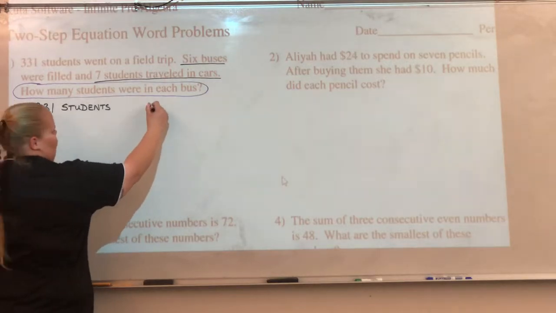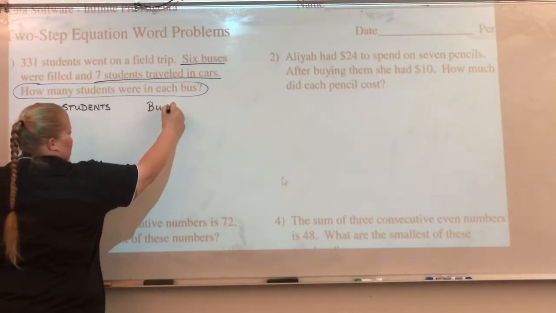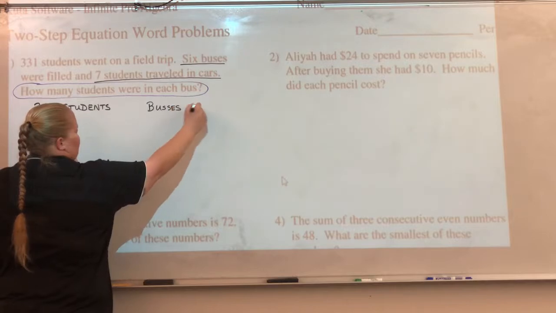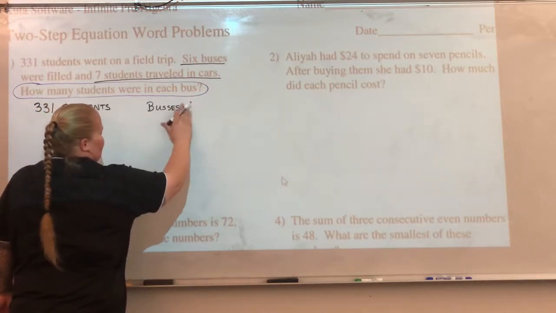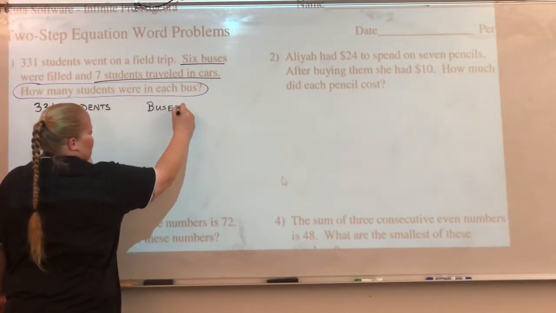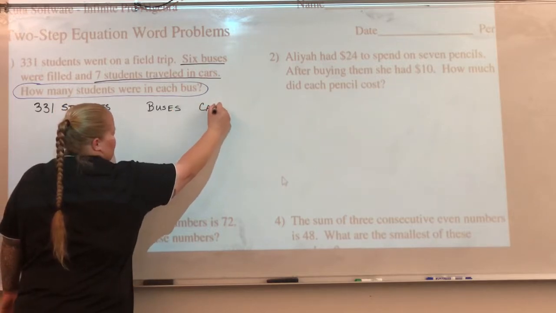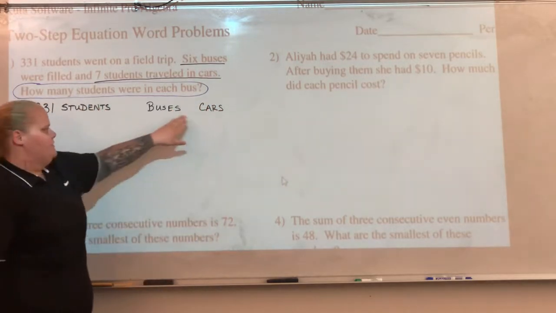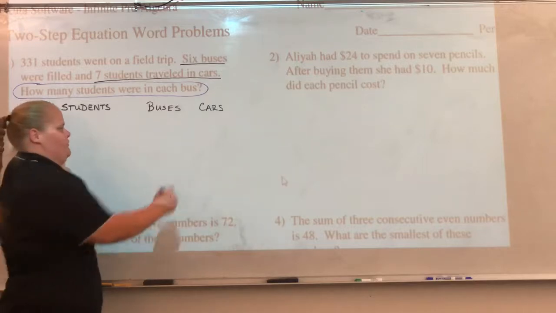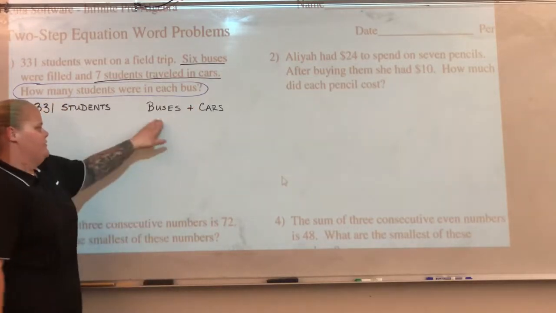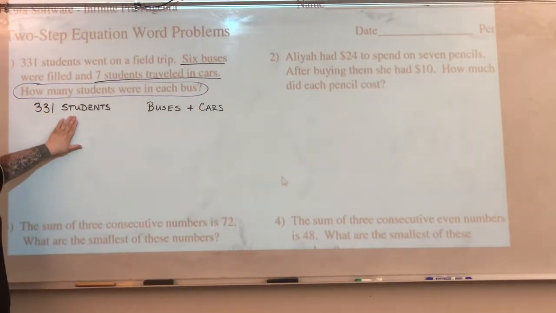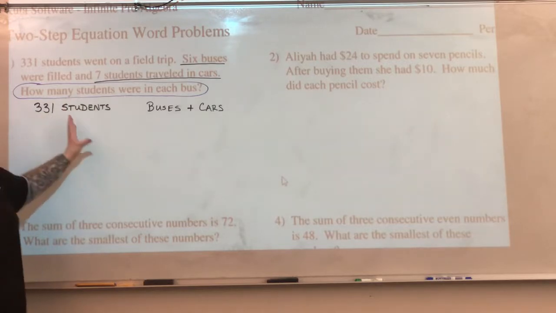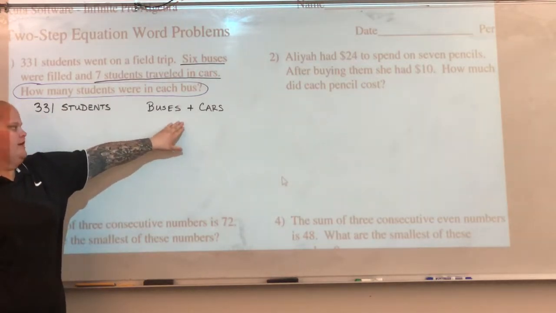I know that some went on buses, and some traveled in cars. Buses and cars are how they got there, so these two things transported this many students. So 331 students fit inside these 2 types of vehicles.